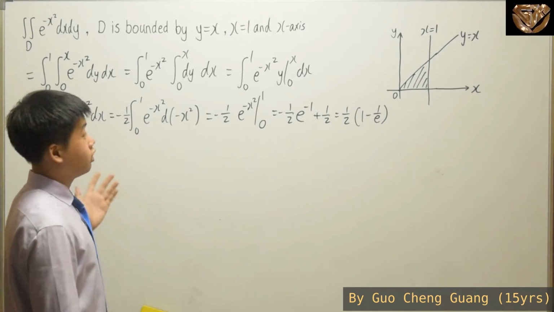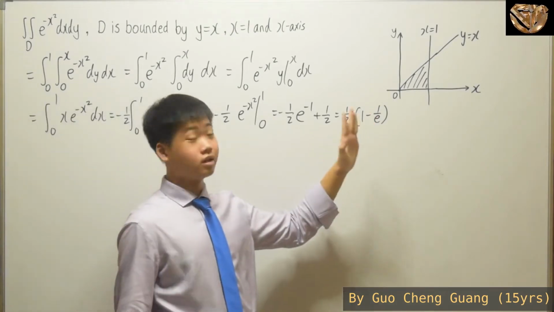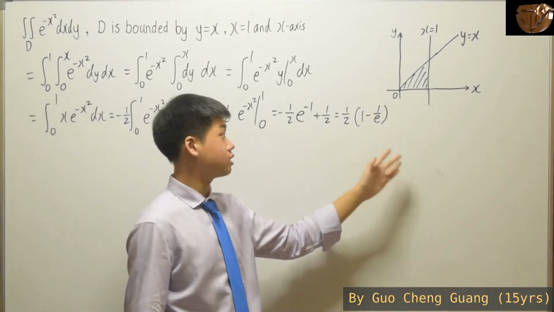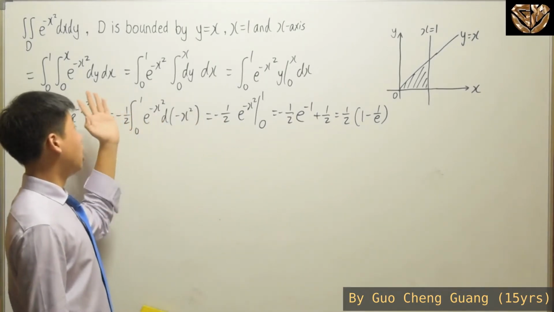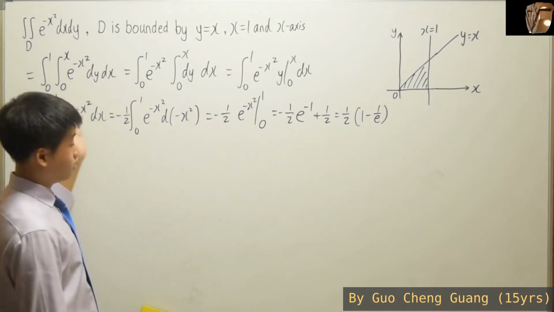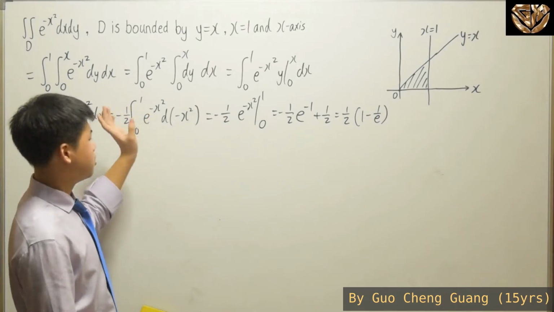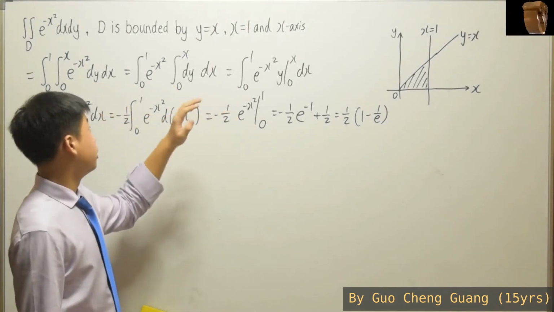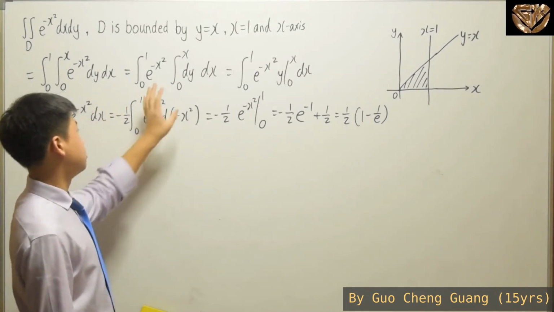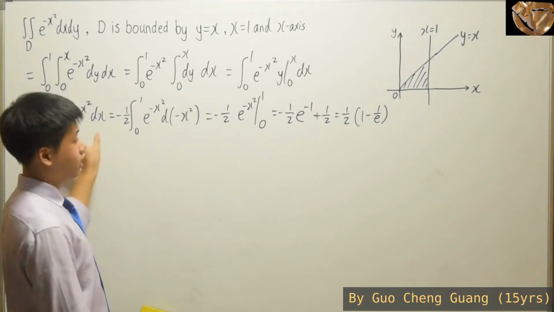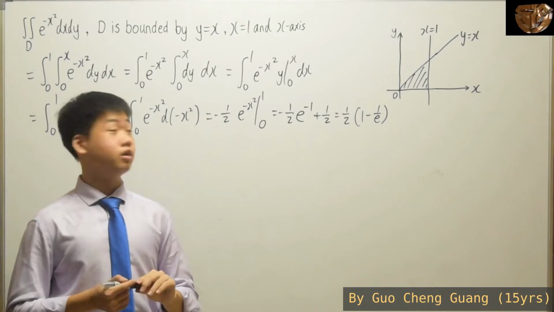Now, if you want to take a look at what kind of methods we have used, essentially we start from looking at the kind of graph we have, the kind of boundary we get. With this boundary, we can determine the boundaries of our double integration and the order of our double integration, so that when we change it to iterated, we could just use simple formulas to solve our iterated integration layer by layer, since you want to solve the inner part first, and then at last, using your integration, you can find whatever you have.